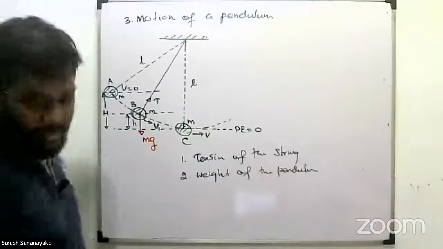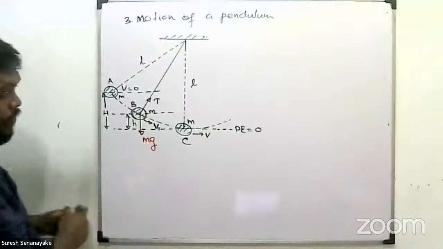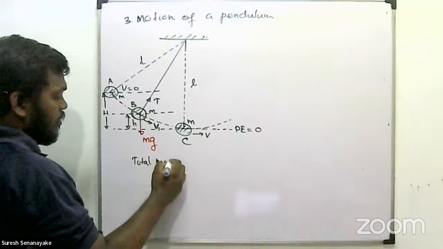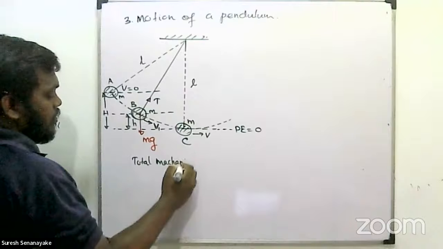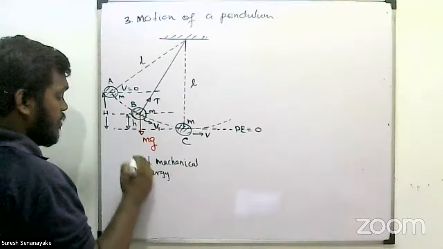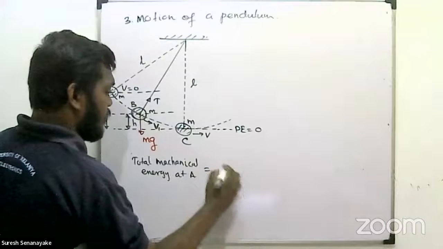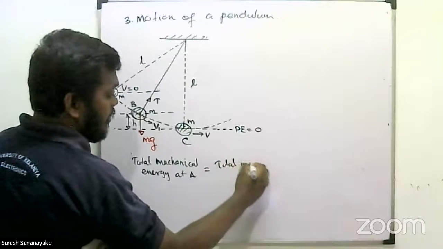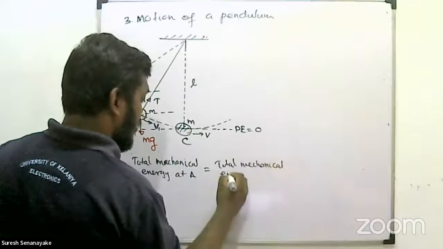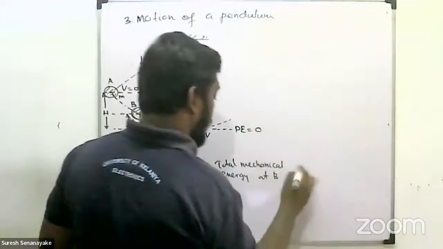So therefore you can apply that the total mechanical energy at point A equals the total mechanical energy at B, which equals the total mechanical energy at C.